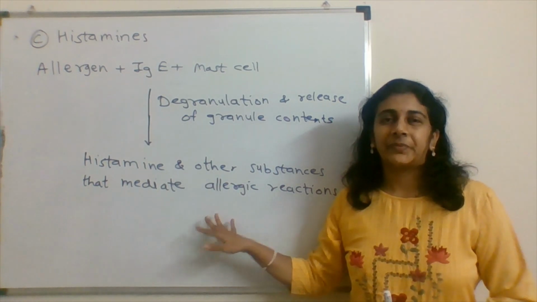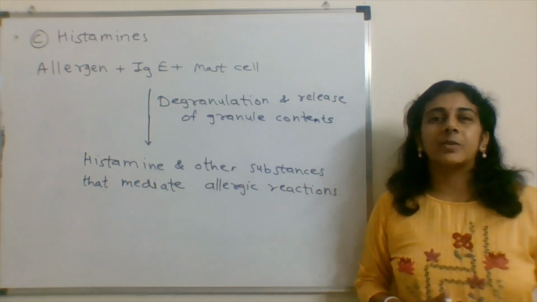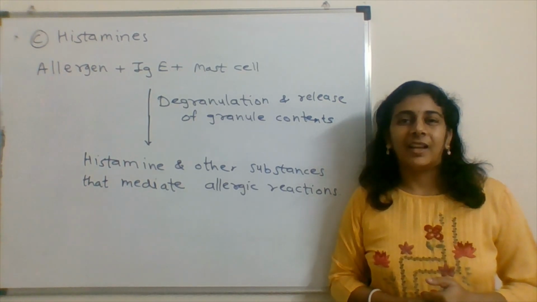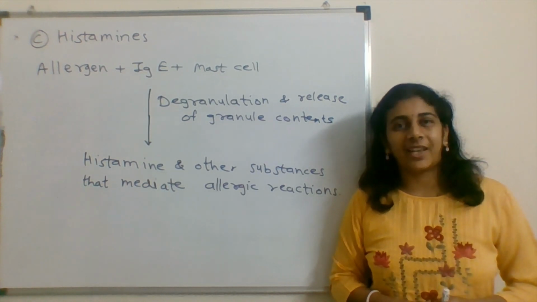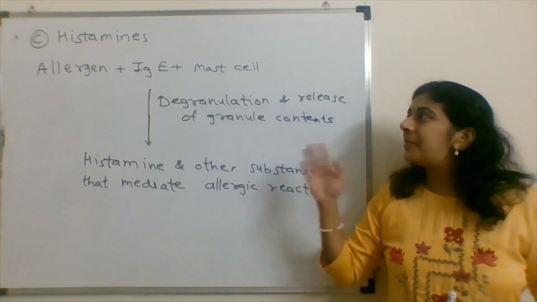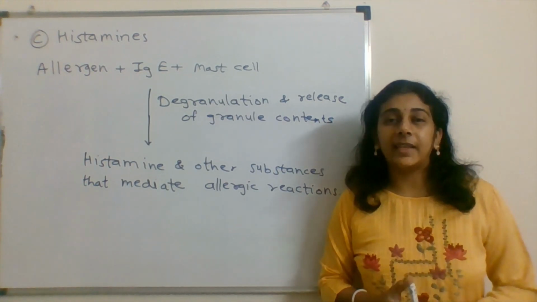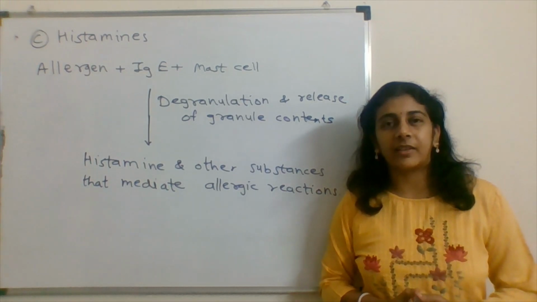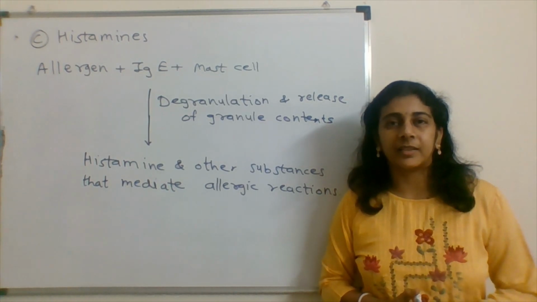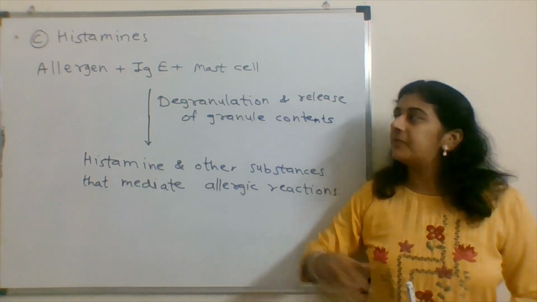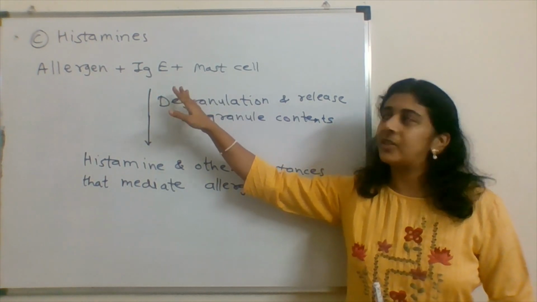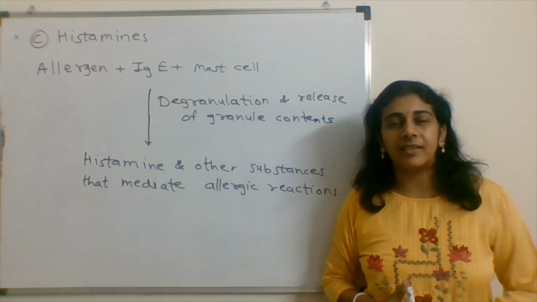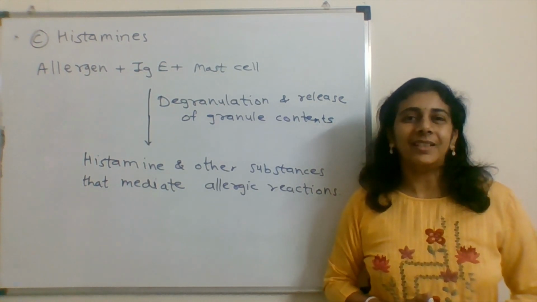Histamines are pharmacologically active substances which carry out the allergic reactions. Mast cells are present in the skin, in the connective tissues of the respiratory tract, genitourinary tract and digestive tract. So if allergen is trapped by IgE, and that IgE binds to the mast cells, then histamines get released.